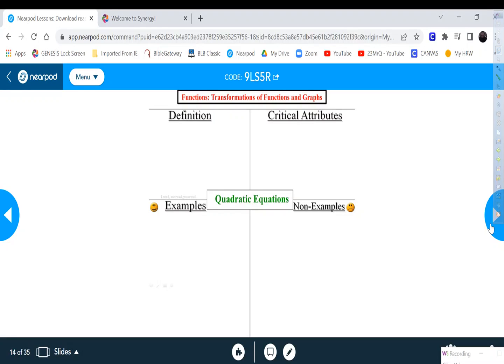Two variable equations, highest degree of 2. Could it be higher? No, because then it would be a cubic or a quartic or whatever the case. All right, so far so good, yeah?